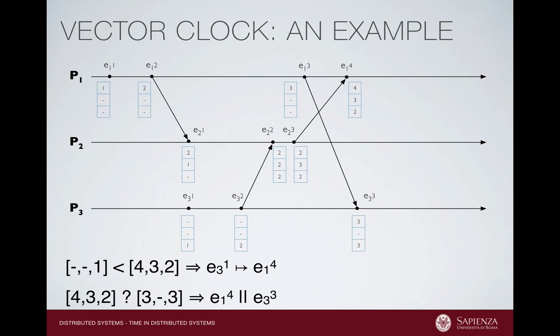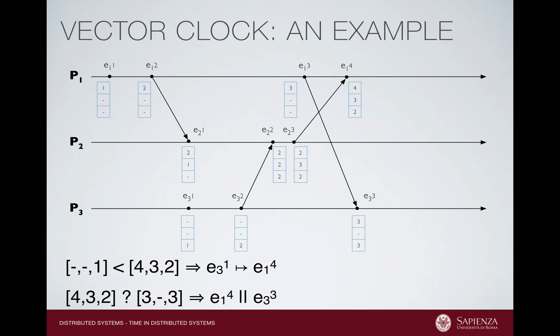My vector clock, 2, 0, 0, reaches process P2, and this means that P2 creates a new vector clock that is the merge of the vector clock that it received and the vector clock that it had. Since this is the first event on P2, we can imagine that P2 has a vector clock that is 0, 0, 0.